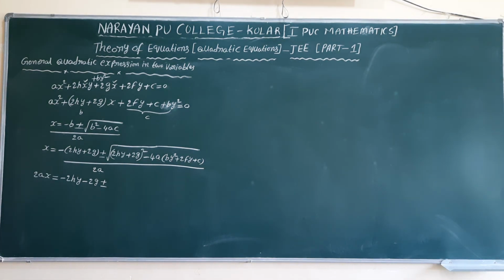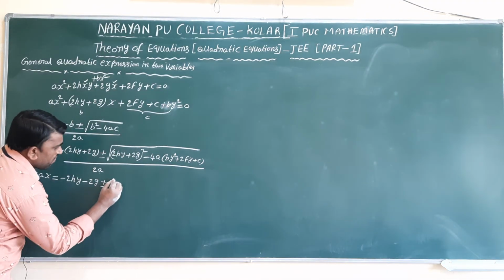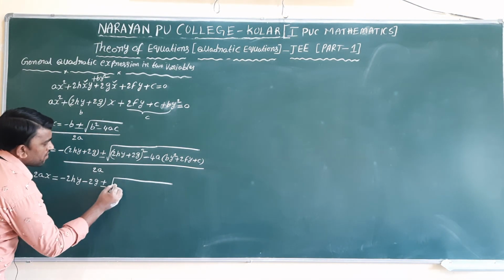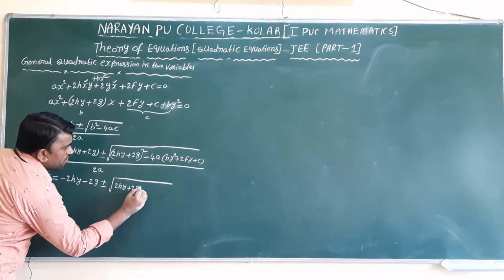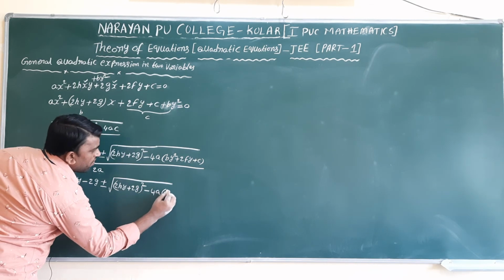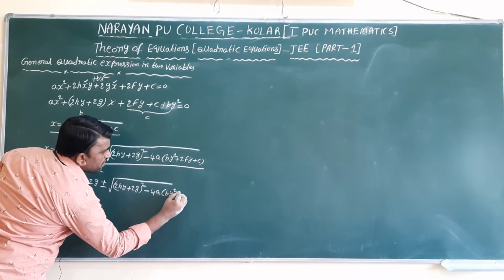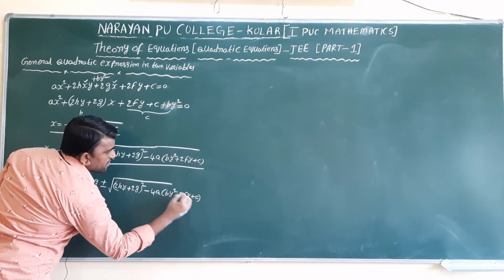Sending to the left side, 2ax equal to minus 2hy minus 2g plus or minus root of (2hy plus 2g) whole square minus 4a into (by square plus 2fy plus c).